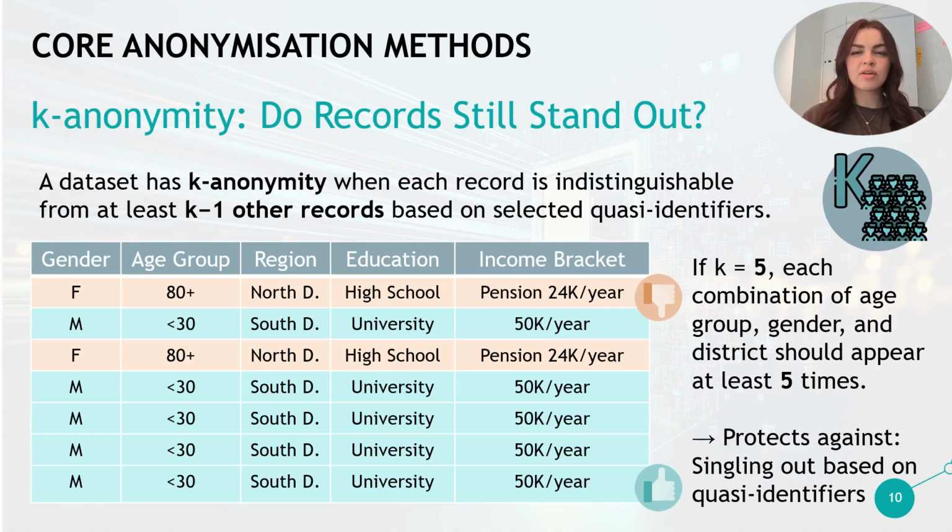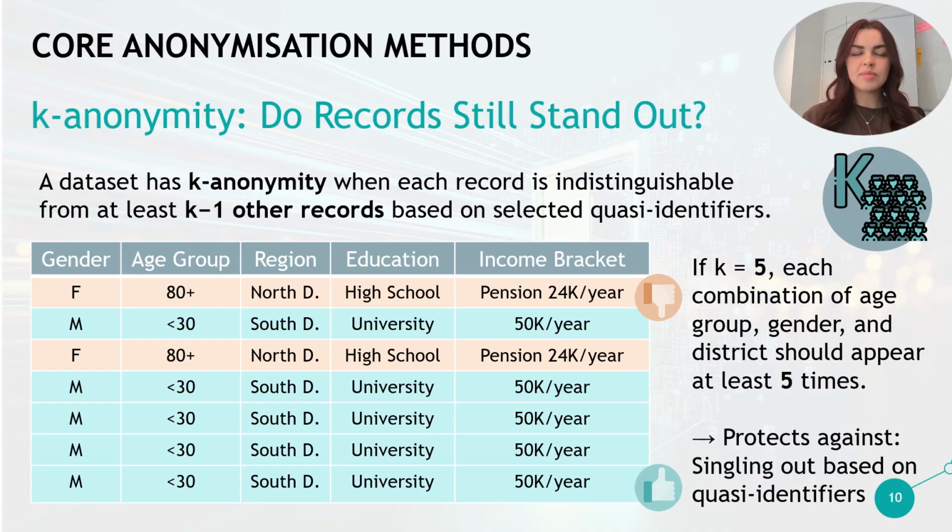K-anonymity focuses on whether a person still stands out based on quasi-identifiers, such as age group, gender, district, or occupation. If a combination appears only once, the person may be singled out. If the same combination appears many times, singling out becomes harder.